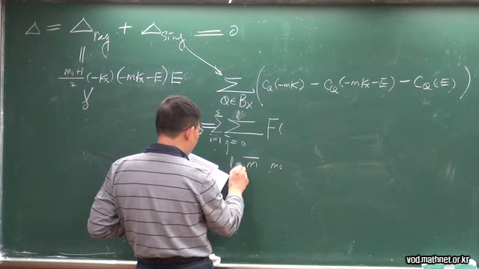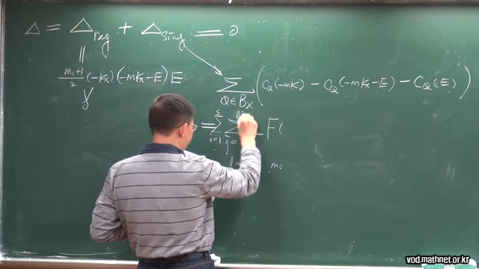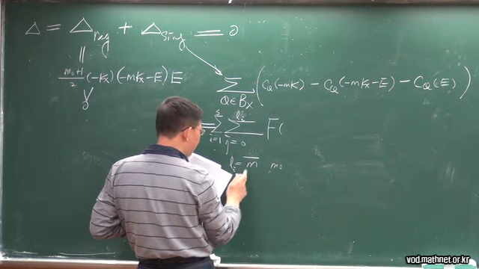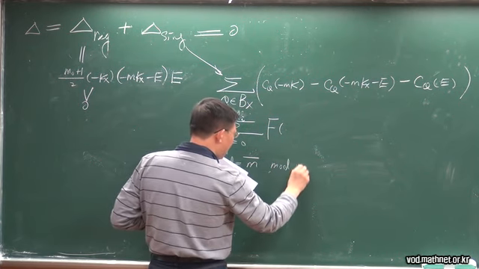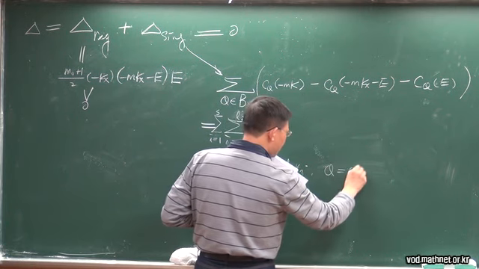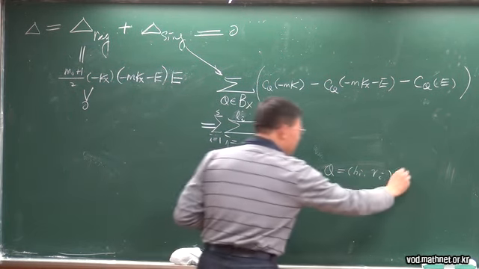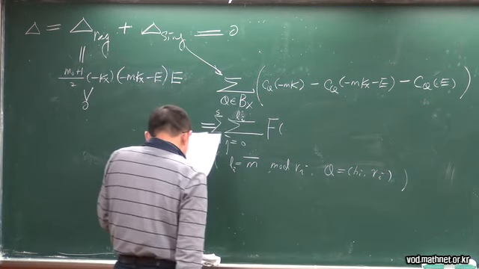So sorry, L. So this is L_i. L_i is module r_i, because Q is B_i R_i. Okay, so let me write down the result.